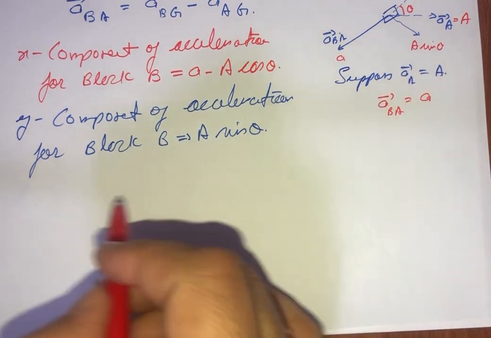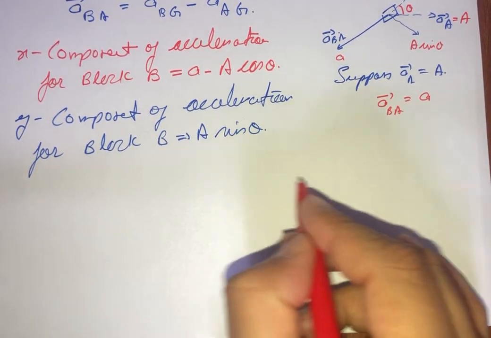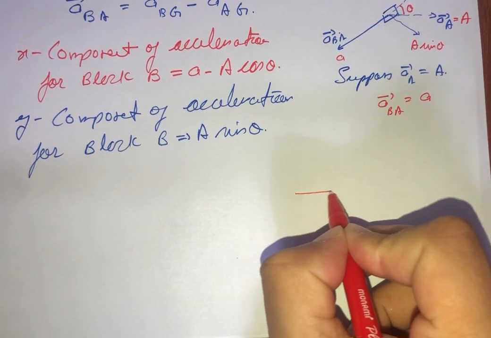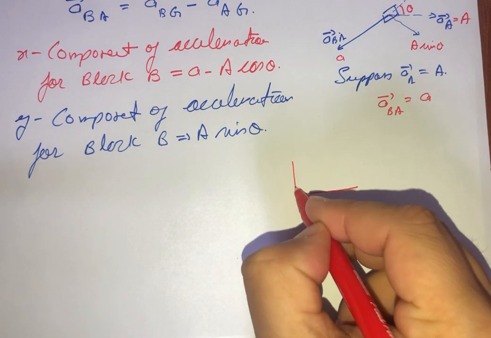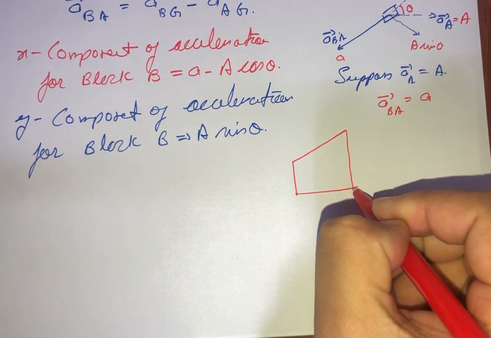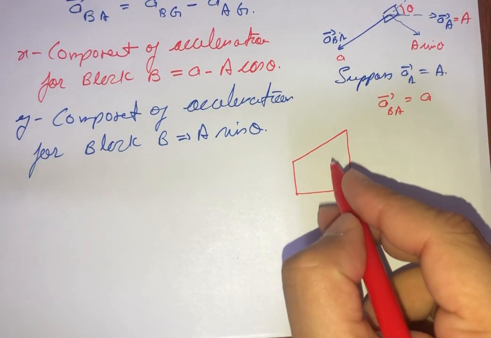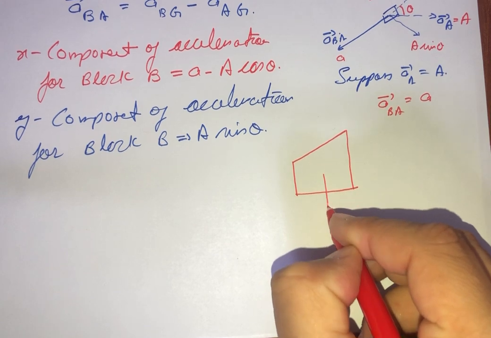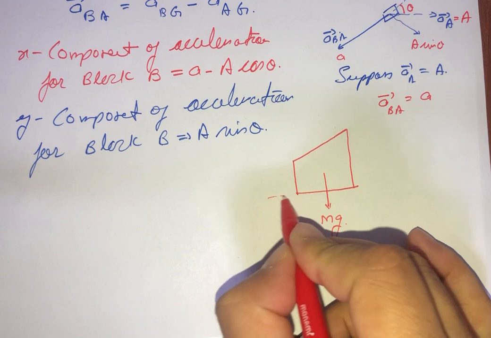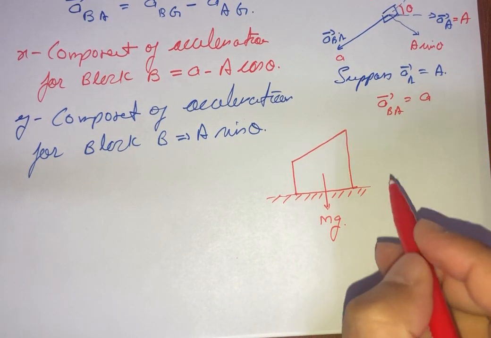First of all, let's draw it for wedge A. We have said that its mass is capital M, so there will be Mg in the downward direction, and it is on the surface like this.